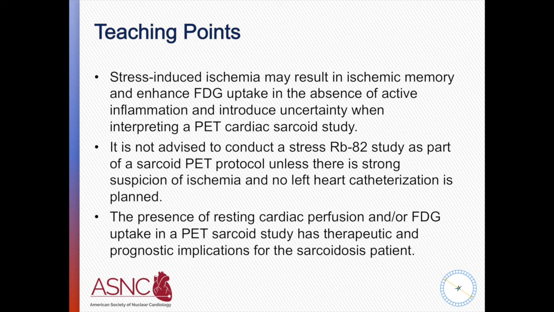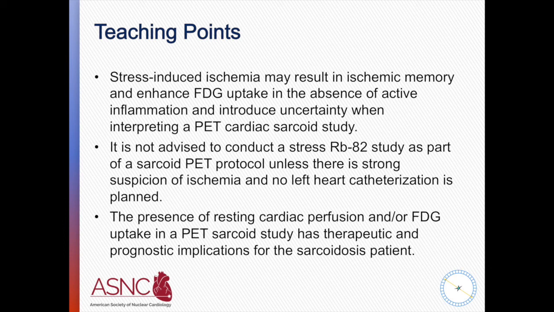And finally, the presence of resting cardiac perfusion defects and or FDG uptake has, of course, therapeutic and prognostic implications. The presence of FDG uptake suggests inflammation, in which immunosuppressive medication would probably be indicated to suppress that.